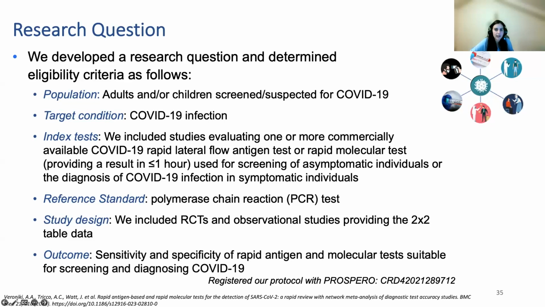The reference standard was the PCR test. And for the study design, we considered eligible RCTs and observational studies that provided the 2x2 contingency table. The outcome of interest was sensitivity and specificity of the included tests.